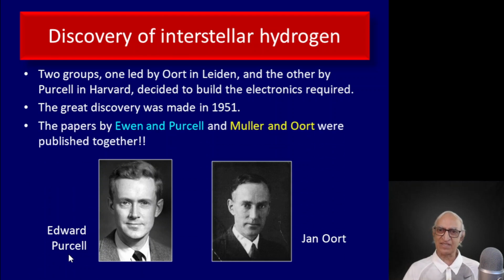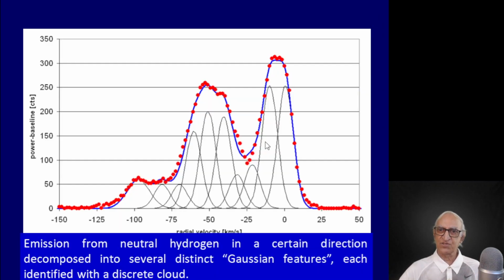And so it transpired that the papers by Ewen and Purcell and Müller and Oort were published together in 1951. This is something that will not happen today, but thank God such days did exist in the past. Undoubtedly, this was one of the most important discoveries in the entire history of astronomy because of its impact, as I already explained when we discussed the interstellar medium.